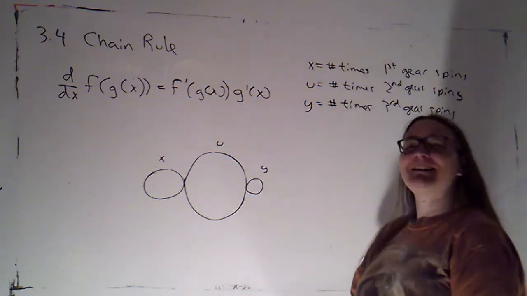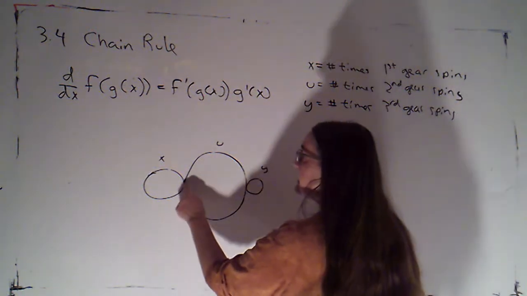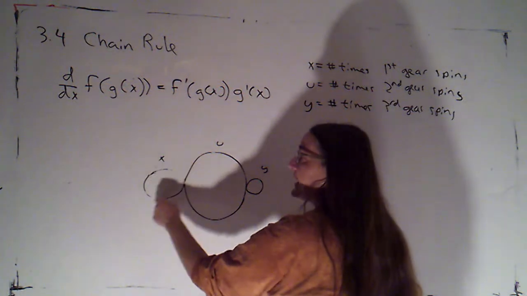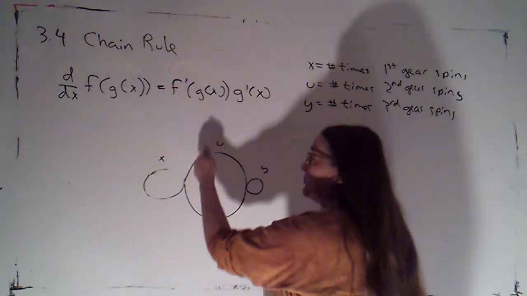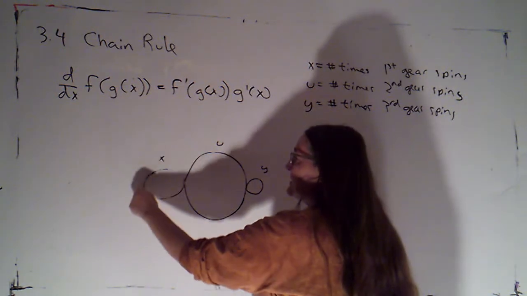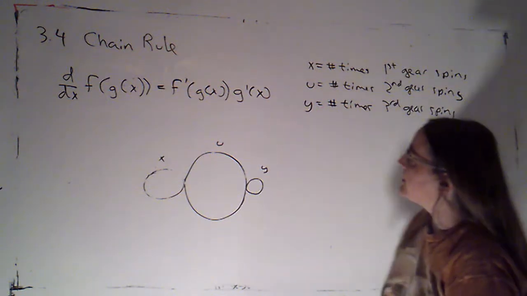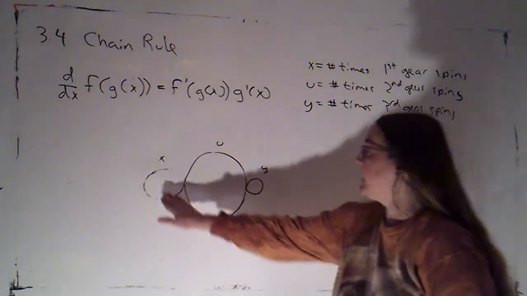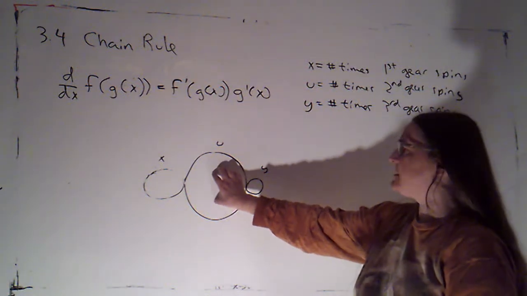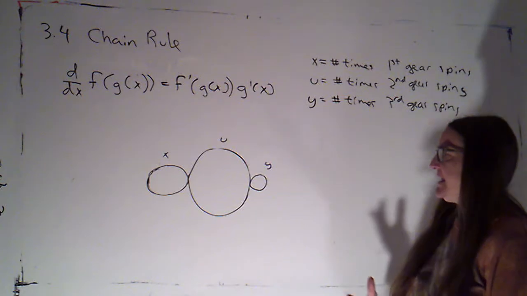Hopefully you figured out that it's going to spin less than once. That's because basically the amount of the border outside here that passes through this point would have to be the same on both gears. And if I spin this once, the amount of that outside gear that goes around is one circumference of this. But that's not going to be a full circumference of this because this is a bigger circle. So let's just estimate.